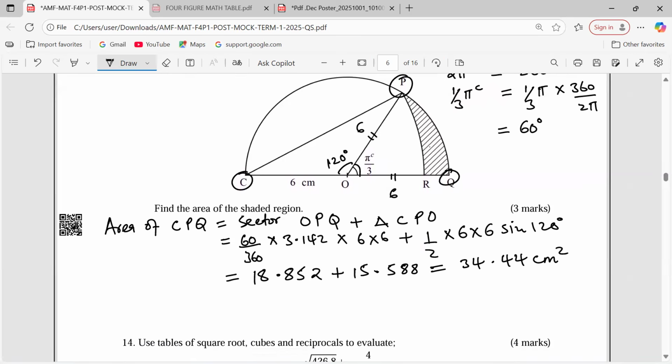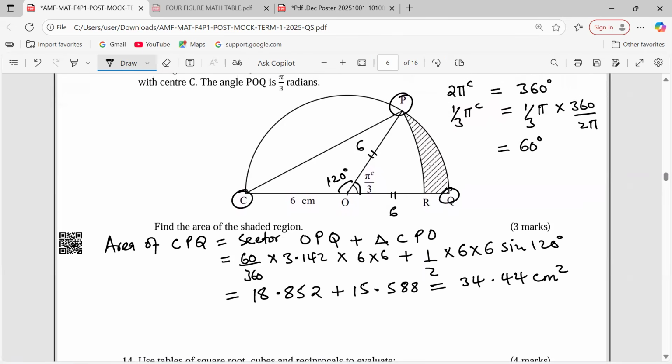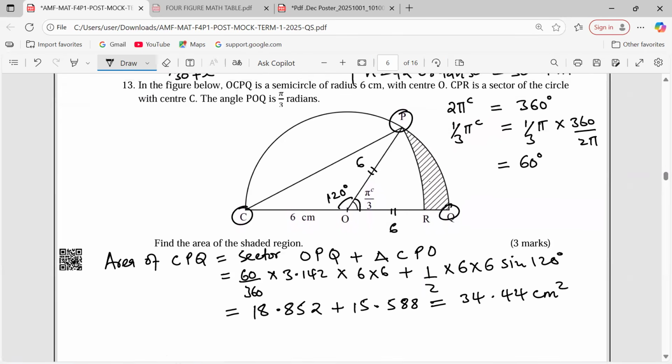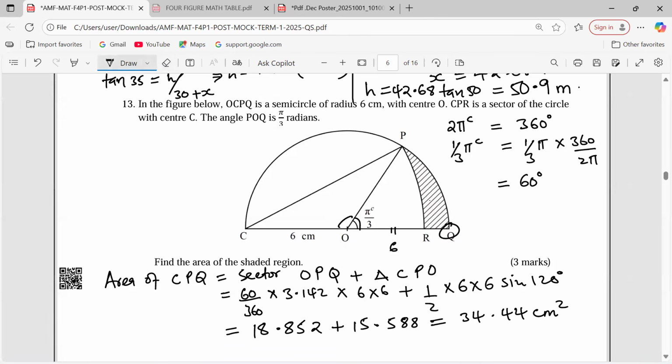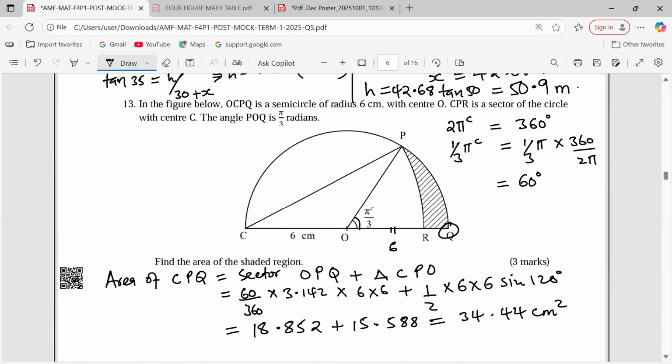another sector here, which is sector CPR. So we need to subtract sector PCR. So look at this. We are having 120 here. It's the angle. So we can bisect the triangle here.